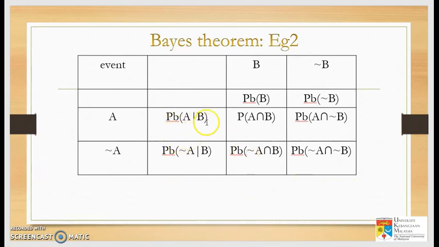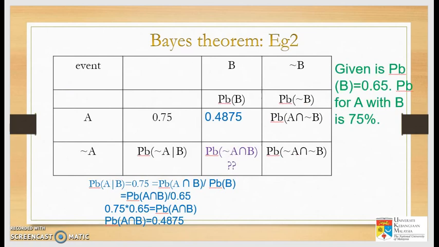Instead, we have the probability of event A after event B and the probability of event not A after B. What is given to us is the probability of B, 0.65, so you can replace this.